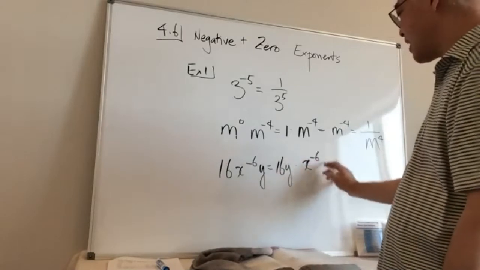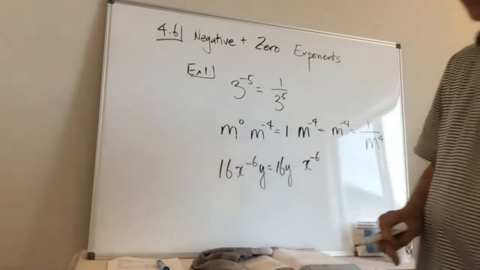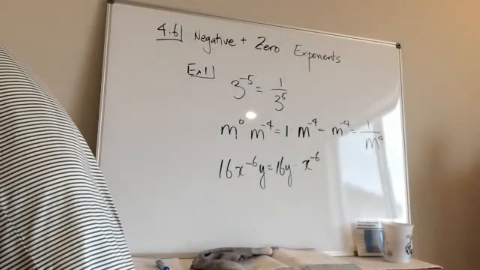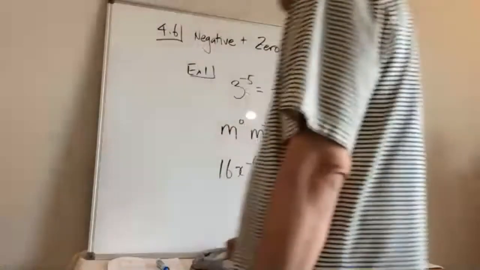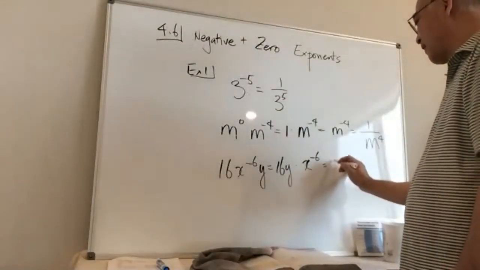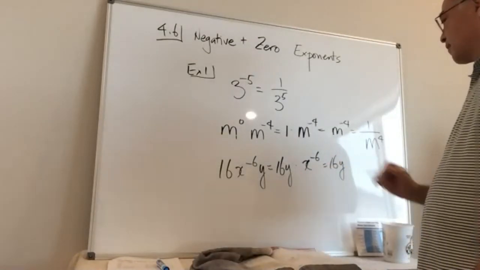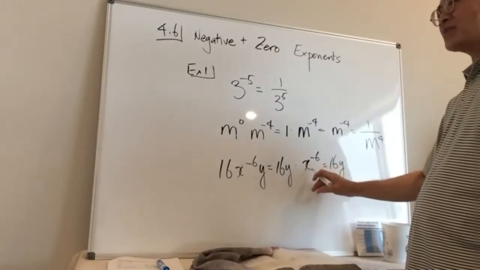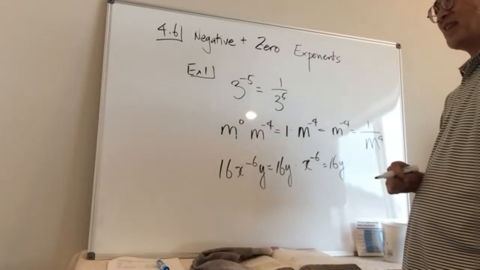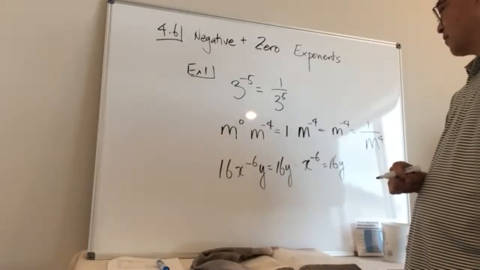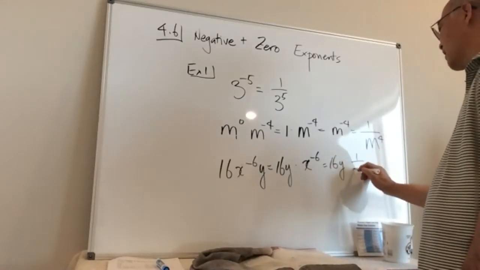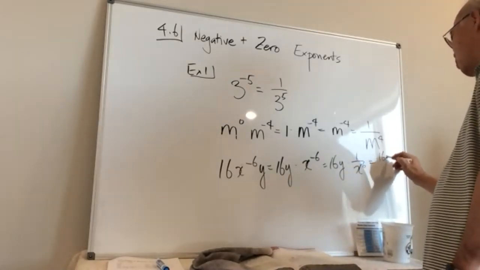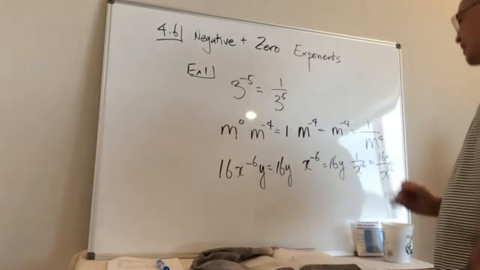Only something happens with this. x to the negative 6 is the same as what? What is x to the negative 6? 1 over x to the 6, correct. There you go. So it's going to be 16y over x to the 6.